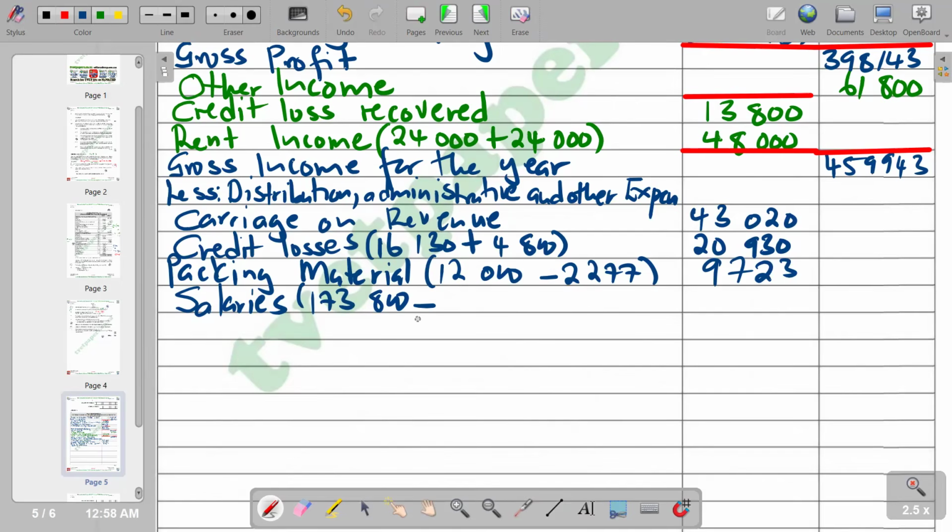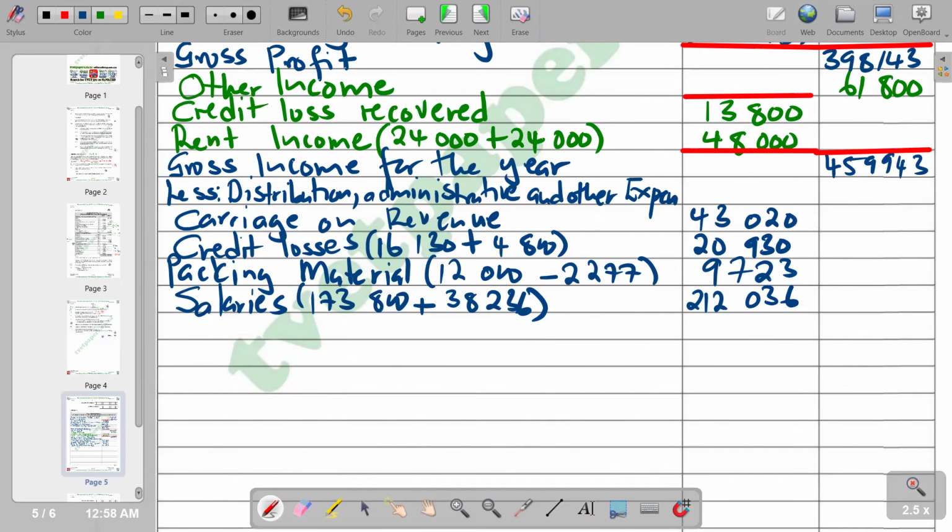We add the one that is outstanding, which is 38,236. So we do that, we get the total of 212,036. So basically that's what we have on salaries.